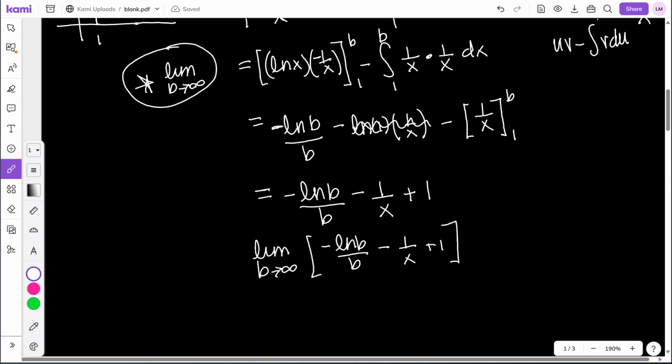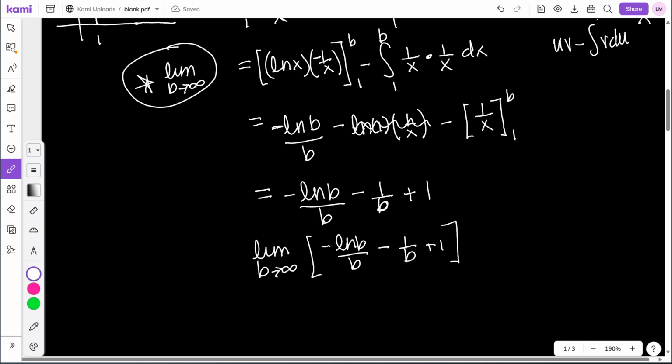Okay. So what happens to this as b goes to infinity? Oh, sorry, why did I write x? I evaluated this at b. I hope you caught that.